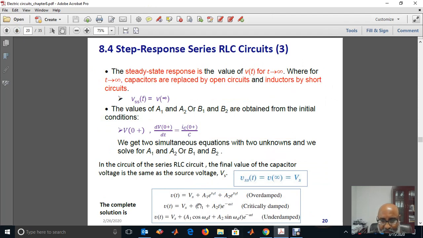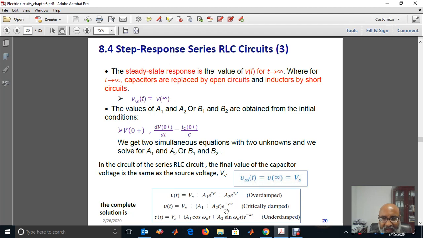Therefore, the total solution is the steady state solution Vs plus, if it is overdamped, the transient part, and if it is critically damped, this one, the transient due to critically damped, and if it is underdamped, this one.